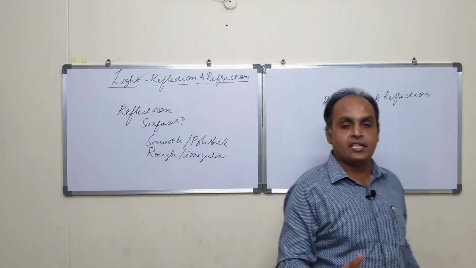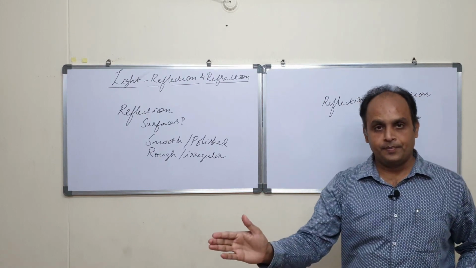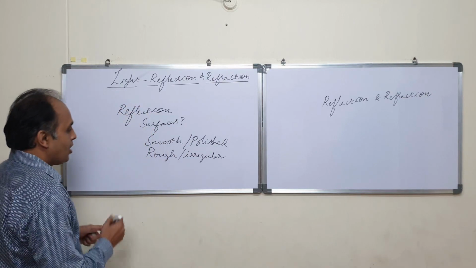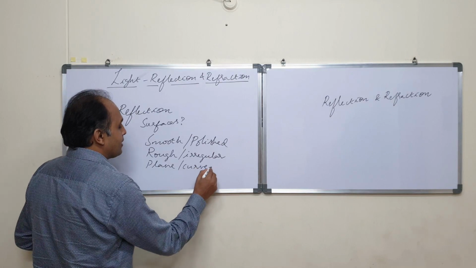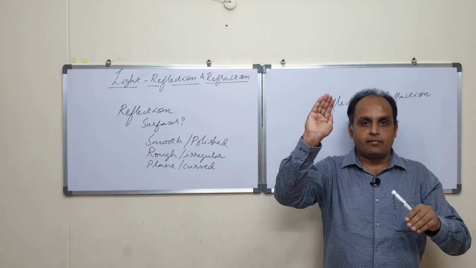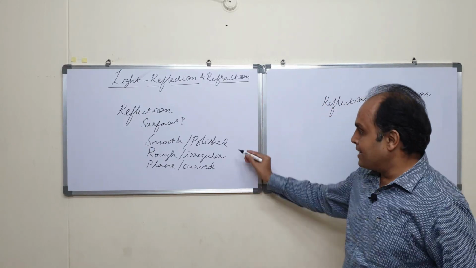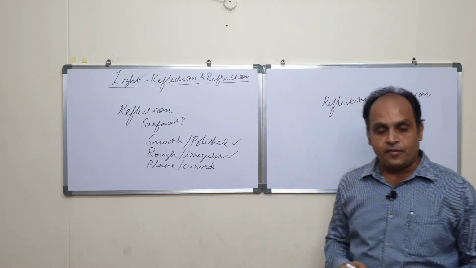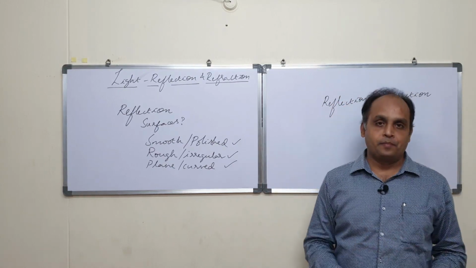Is that all? No. Light also gets reflected from plane or even curved surfaces. Flat or curved surfaces also reflect light.